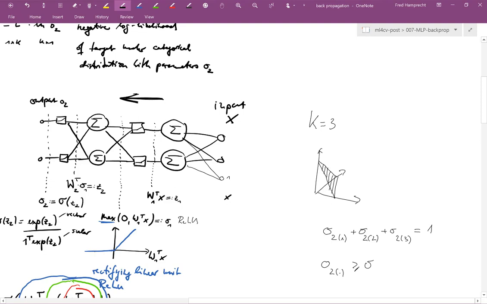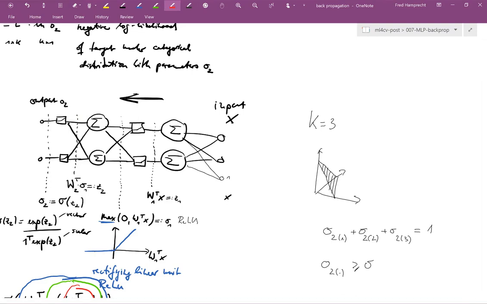So at this stage I get capital K numbers, and I now want to map this vector into this probability simplex.